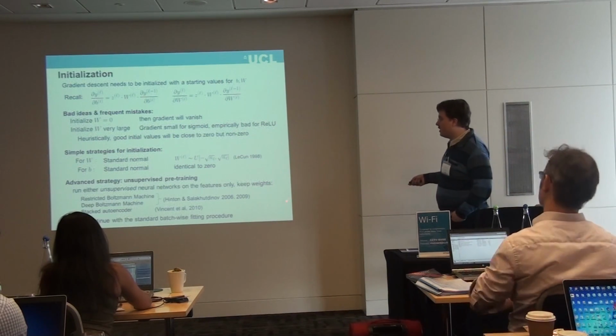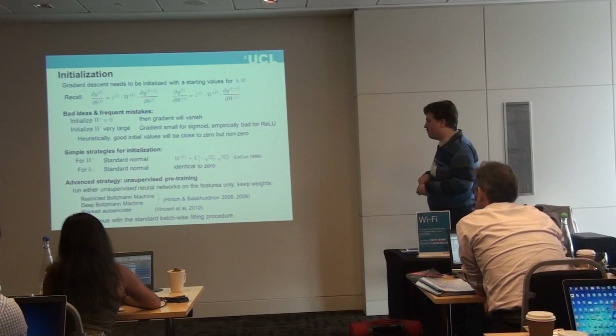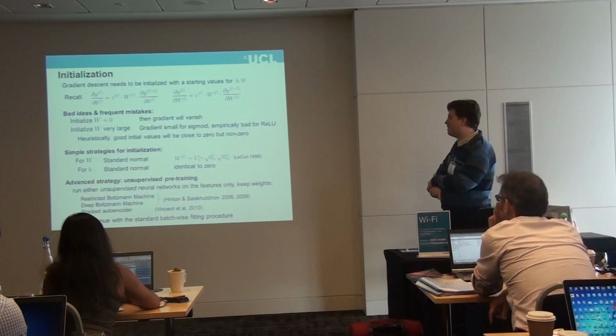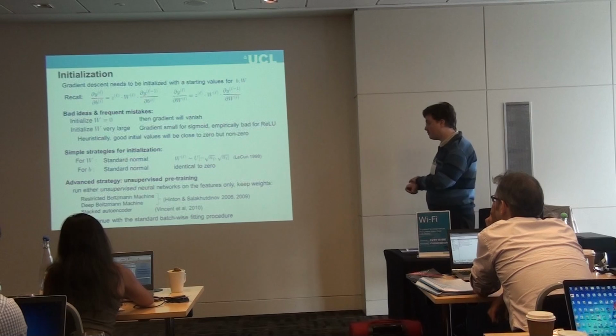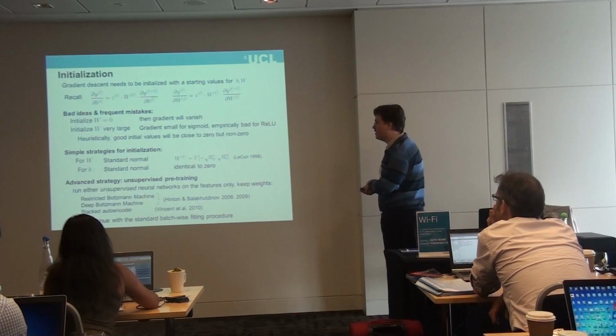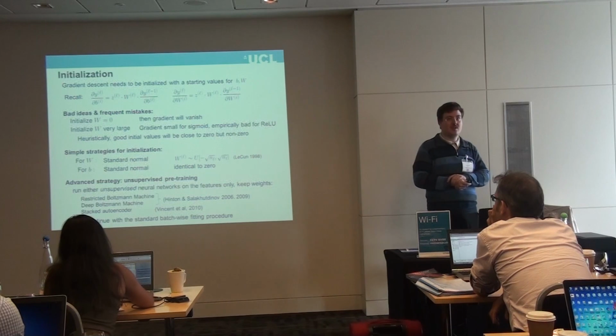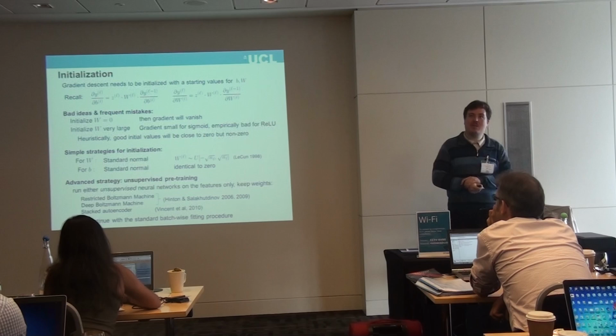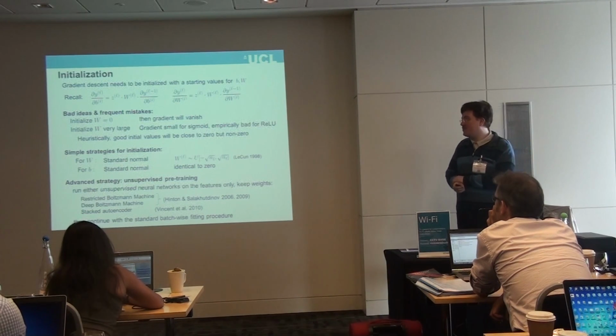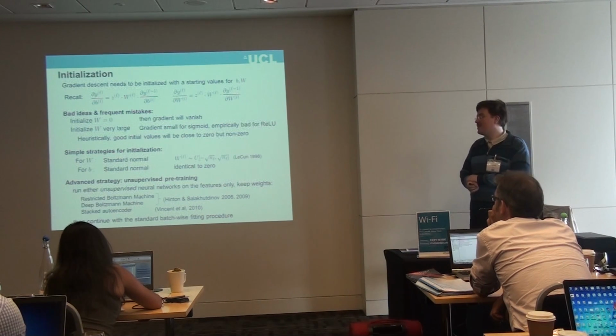Then recently also some advanced strategies have been proposed along the lines of unsupervised pre-training. So the idea there is to run an unsupervised neural network on the features only, leaving the labels away, and then keeping the weights that those networks have learned as initialization weights.